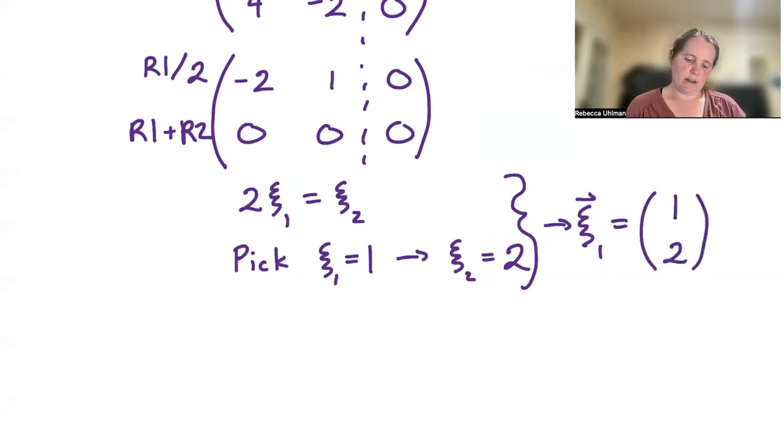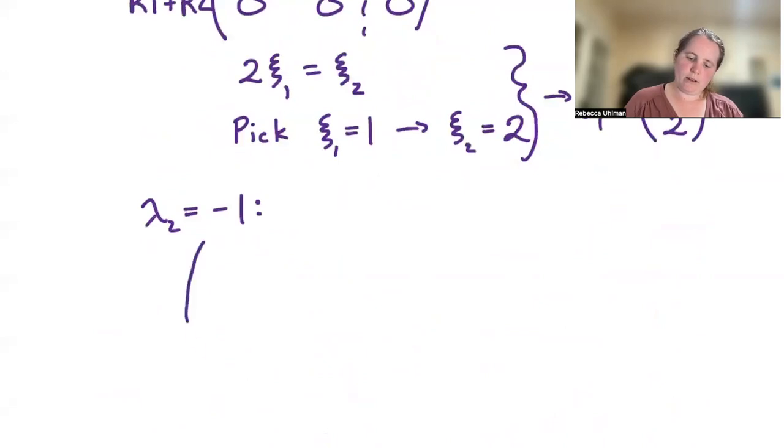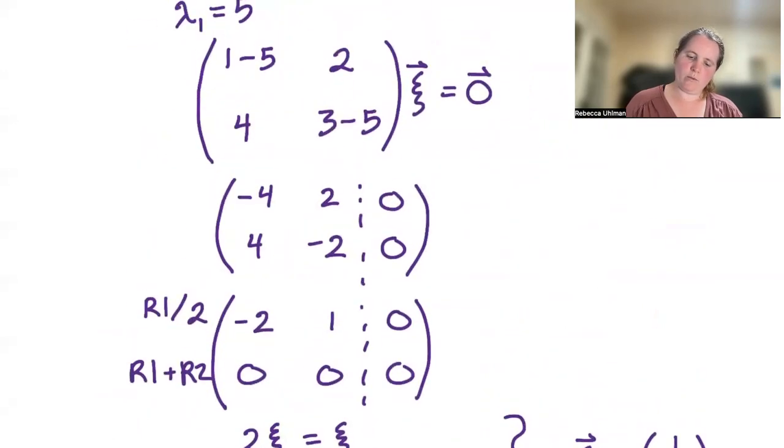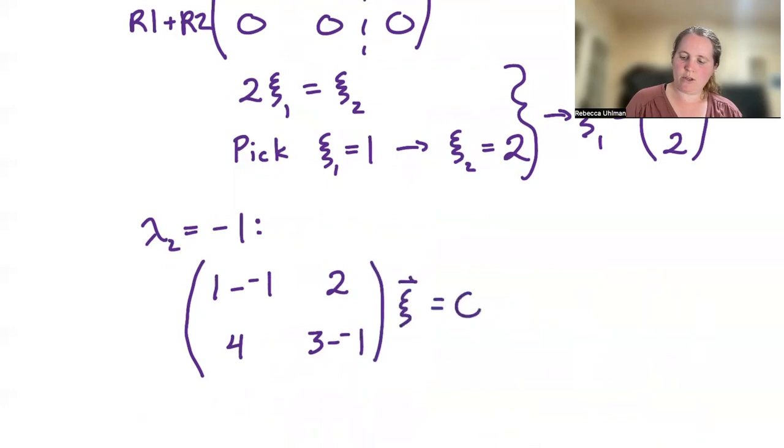Now let's do this again for lambda 2 equaling -1. So we have 1 minus -1, and then 2 for our first row. Second row is 4 and 3 minus -1. This times xi should be equal to 0.